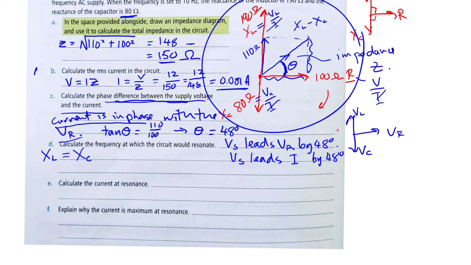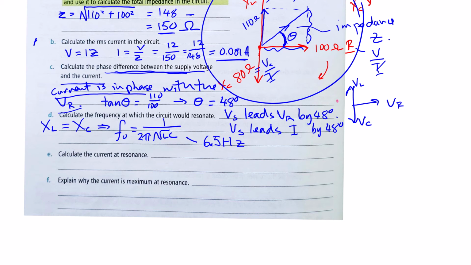So frequency there leads us to the equation which you've seen before, f0 equals 1 divided by 2 pi square root LC. So substituting in our values, which I'm going to gloss over, is equal to 6.5 hertz.